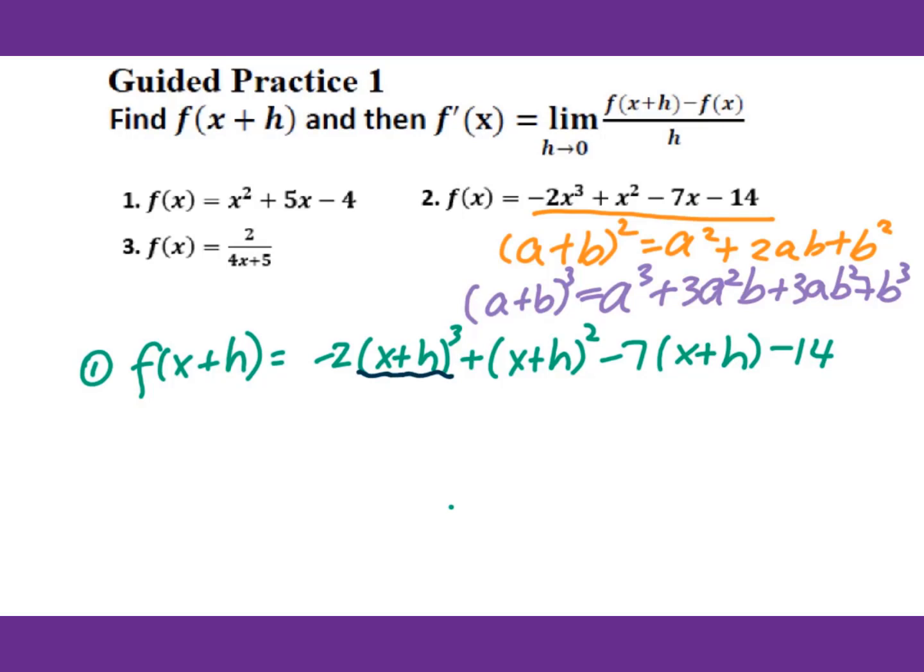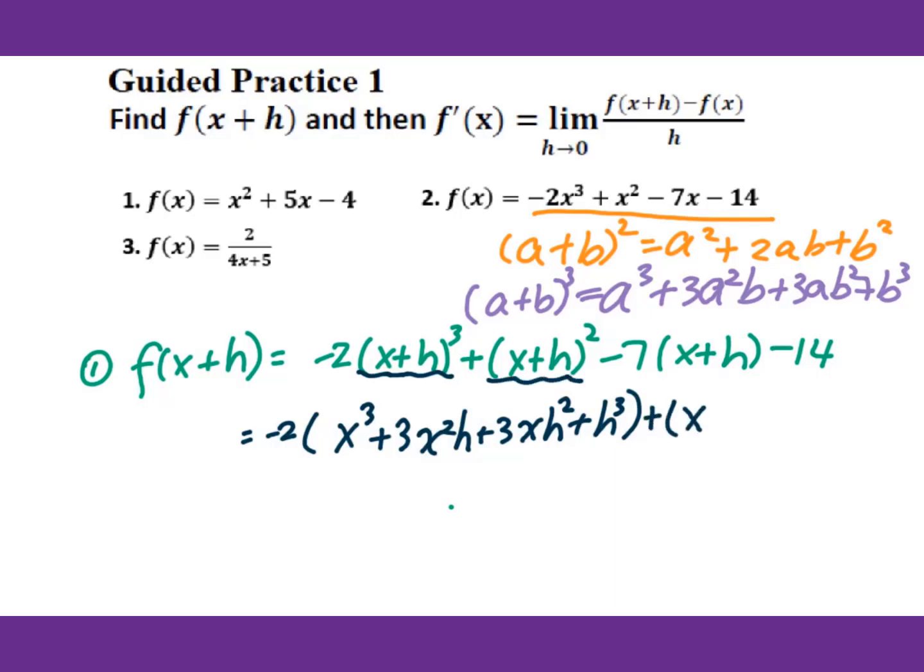For this one, I will get negative 2 times (x third power + 3x squared h + 3xh squared + h third power), plus x squared + 2hx + h squared. We do distributive property, minus 7x minus 7h minus 14.